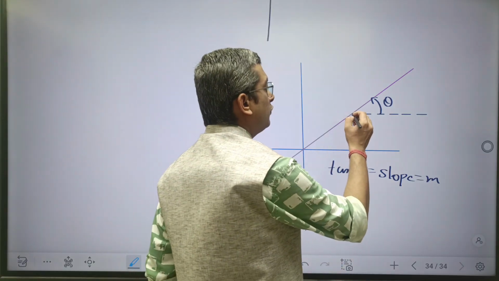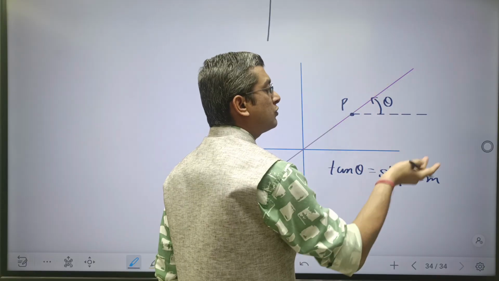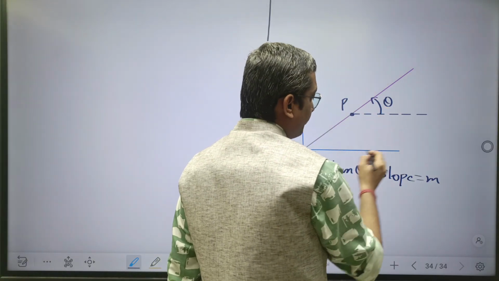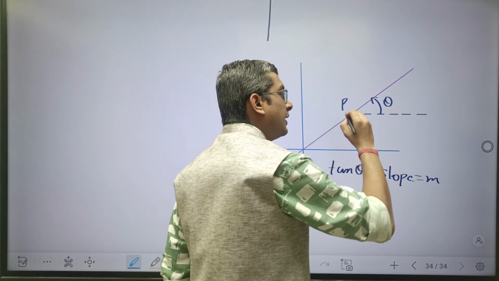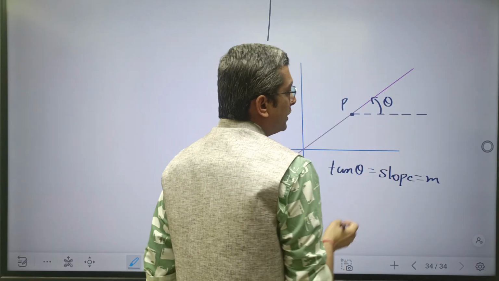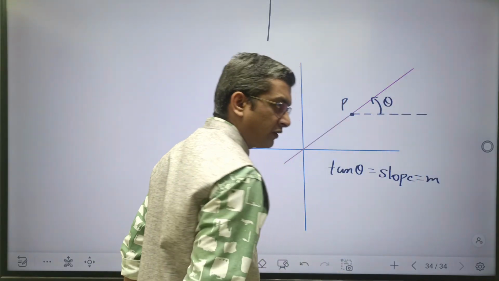Suppose you have to find the slope at point P. So you have to take theta at point P. How can you take theta at point P? First, draw a line parallel to the x-axis passing through this point P, and then take the inclination of this line from this reference line, theta. Here you are taking theta anti-clockwise, so its slope is positive, isn't it?